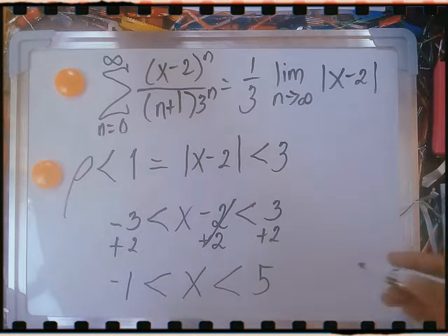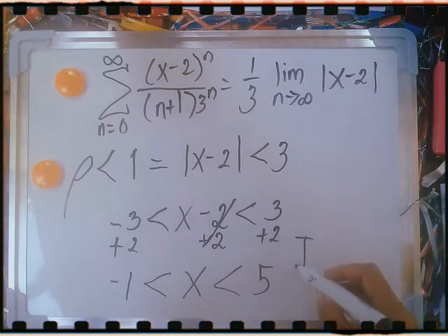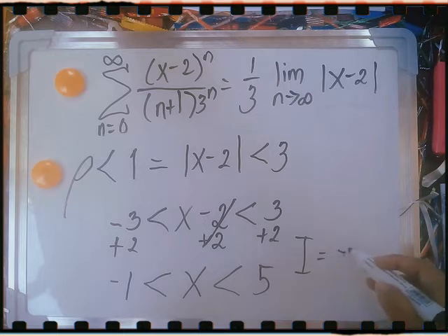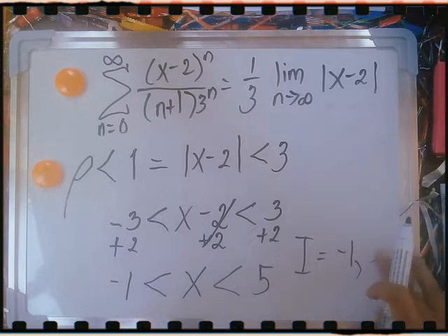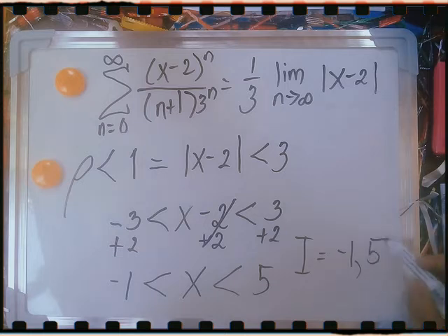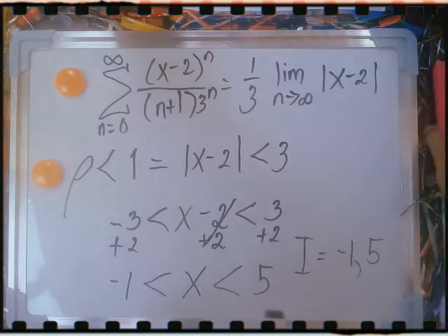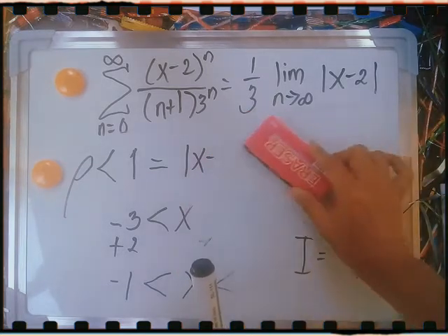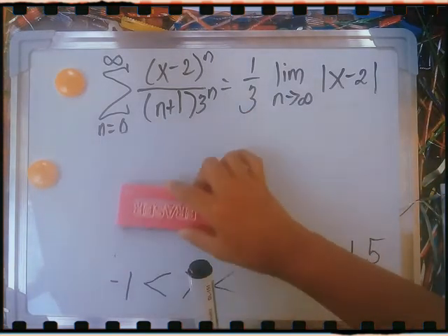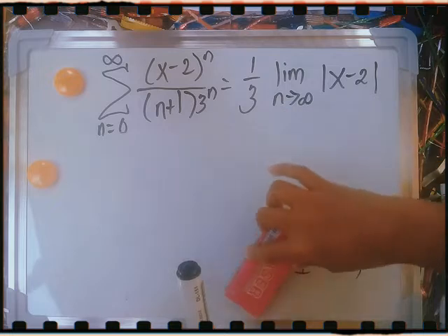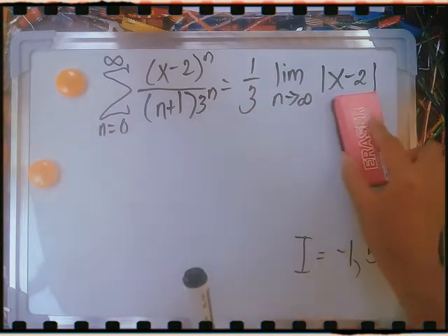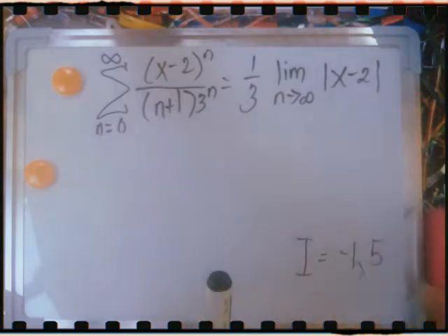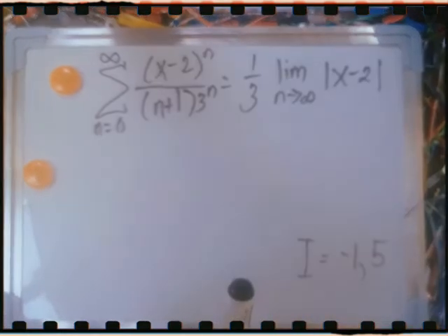So our interval of convergence is between -1 and 5. Pakitandaan natin, kasi gagamitin natin siya to measure the series, or to prove if the series converges or diverges using the ratio test.